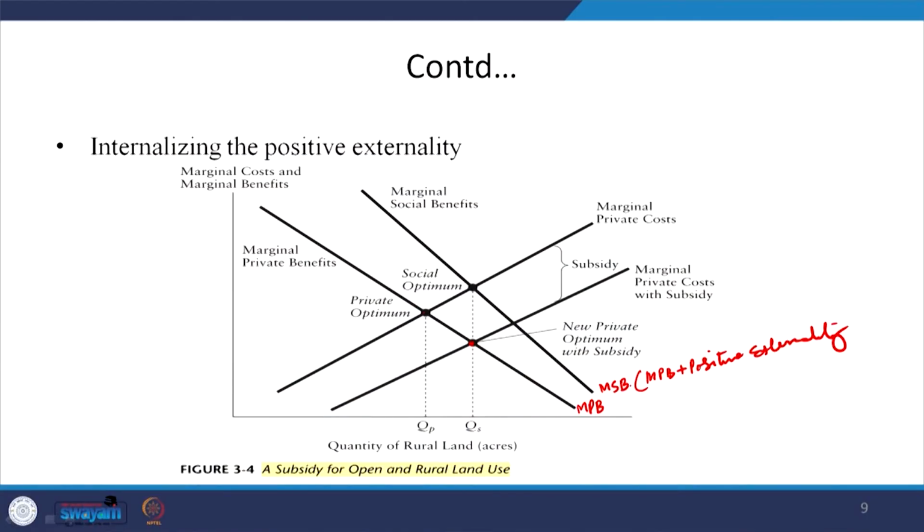The positive externality will shift the marginal private benefit to the marginal social benefit, and then it will go to this point, which shows a higher level of output. So, it will improve the welfare of the society by generating the positive externality.